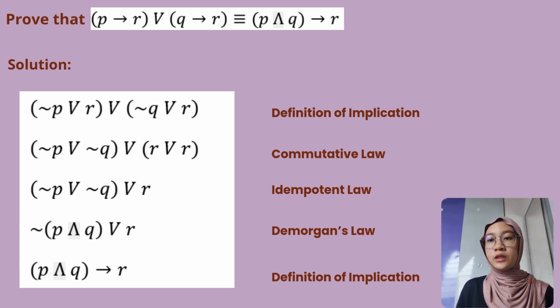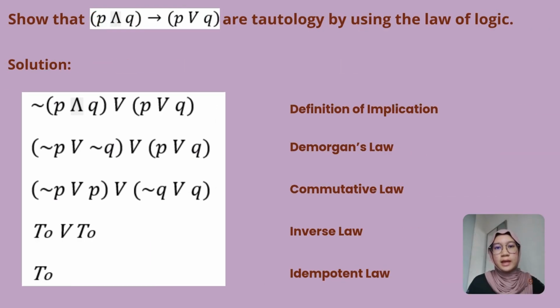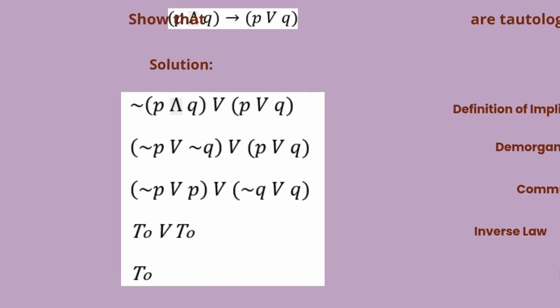And then we will use the idempotent law for R. And then we can negate back the negation, and we will get negation in bracket P and Q, or R. Now we can change back by using the definition of implication, and we get P and Q implies R. So we have proven that P implies R or Q implies R is logically equivalent to P and Q implies R. This next question is an example of a tautology question.